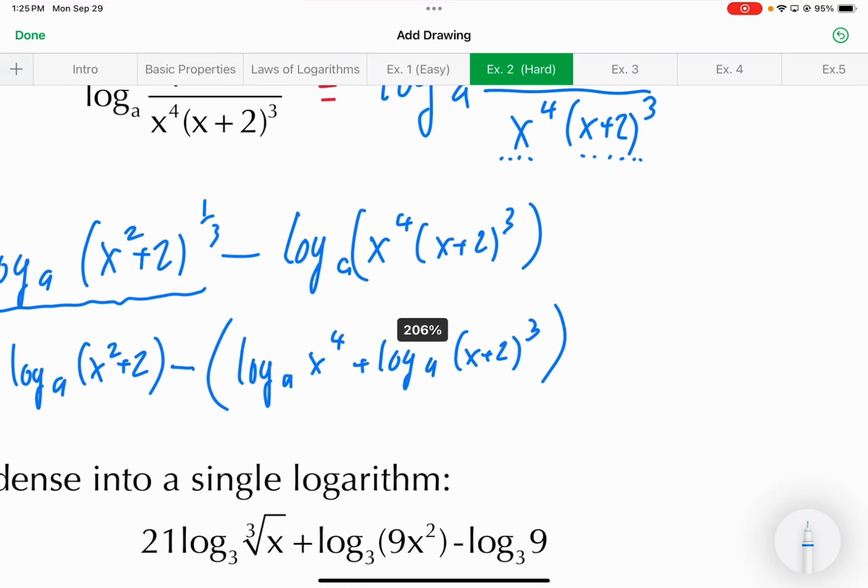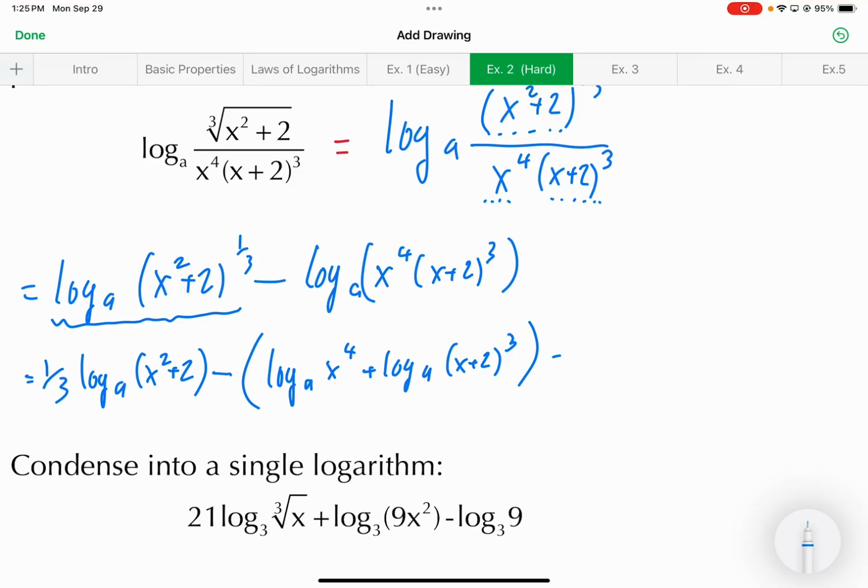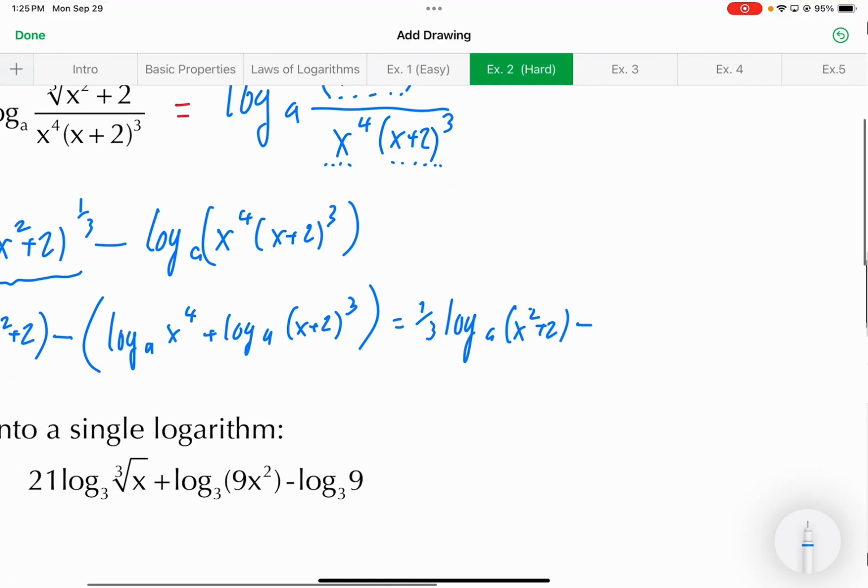Okay? All right, my last course of action here is I want to put these exponents in front of their respective logs. So then I'm going to put a 4 in front of this one, a 3 in front of the second one, and I'm going to distribute that subtraction sign. So then I would end up with, still my first term, 1/3 log base a of x squared plus 2, and then minus 4 log base a of x minus 3 log base a of x plus 2.